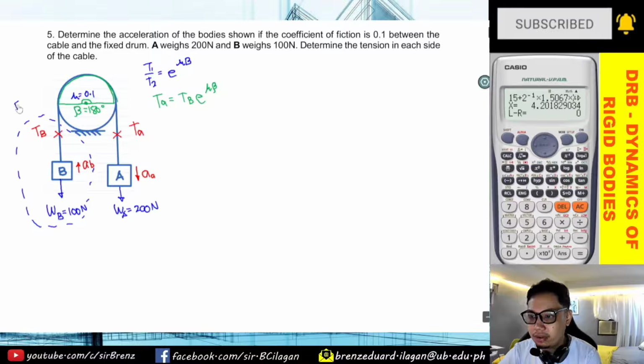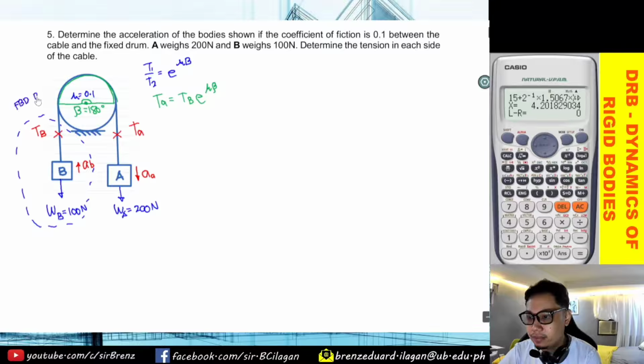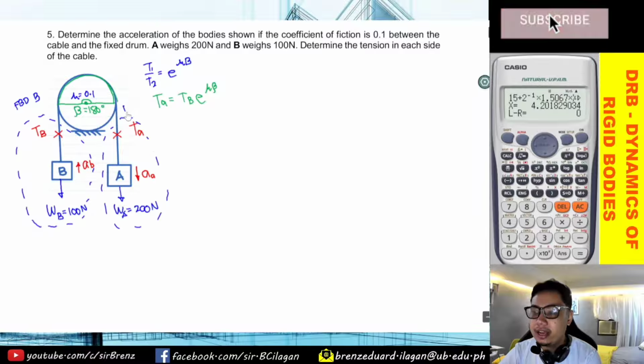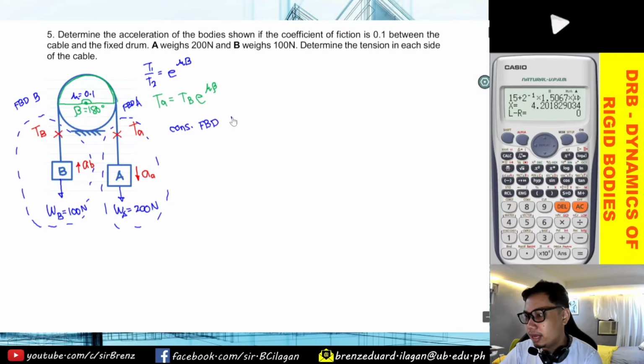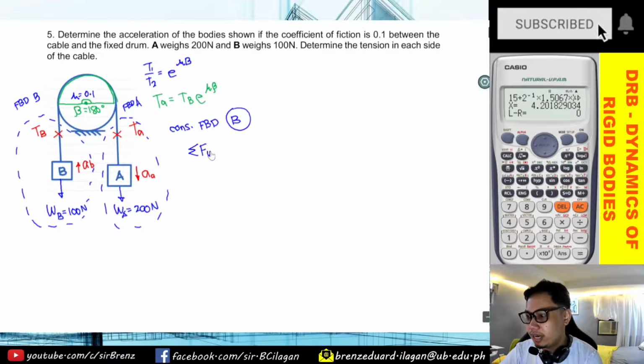So, let's name this as our free body diagram ni B. And this one will be the free body diagram of our block A. So let's start first with B. So considering FBD of block B, we will take summation of forces in Y equals to 0.